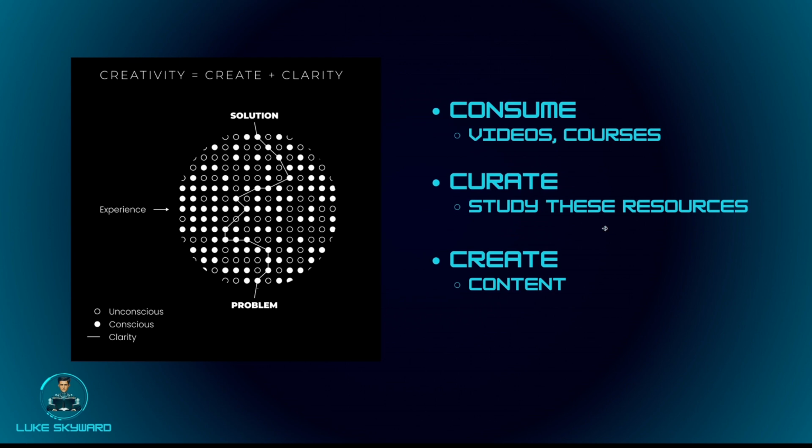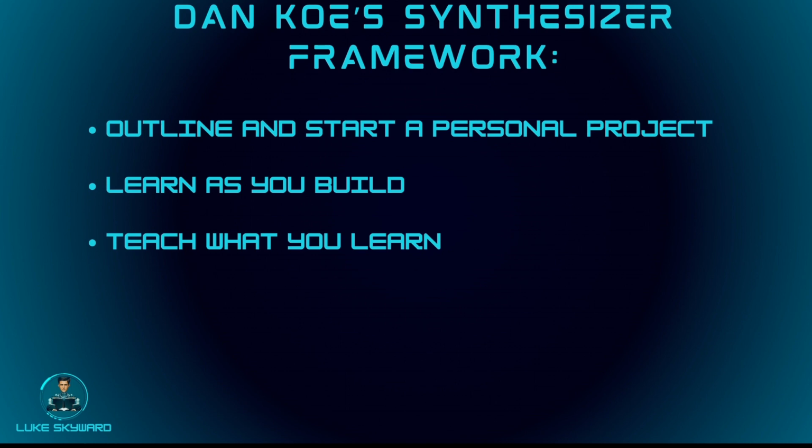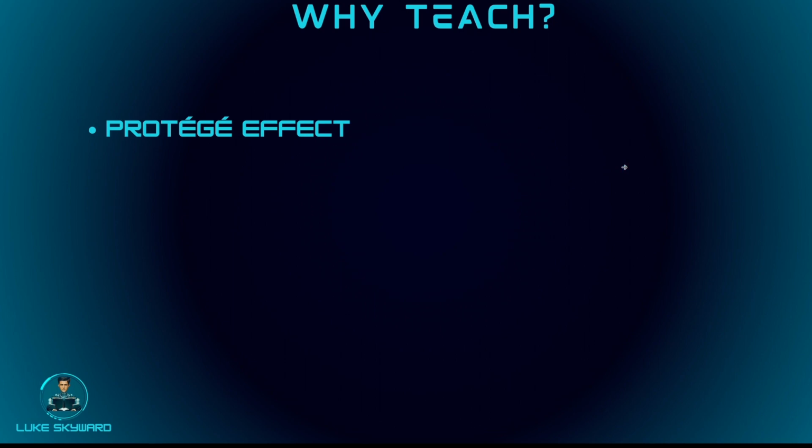All right, so the next point we have is teach what you learn. And why do we have this point? There are actually several reasons for this. So first is the protege effect. It's a psychological phenomenon where teaching people helps you or anyone learn that information.